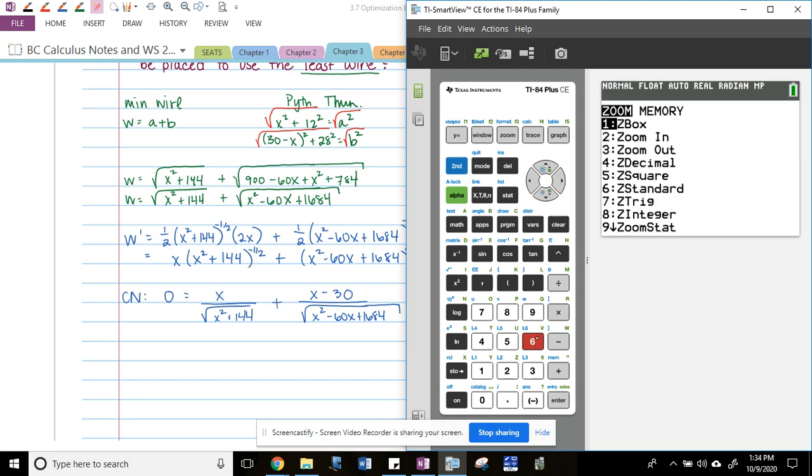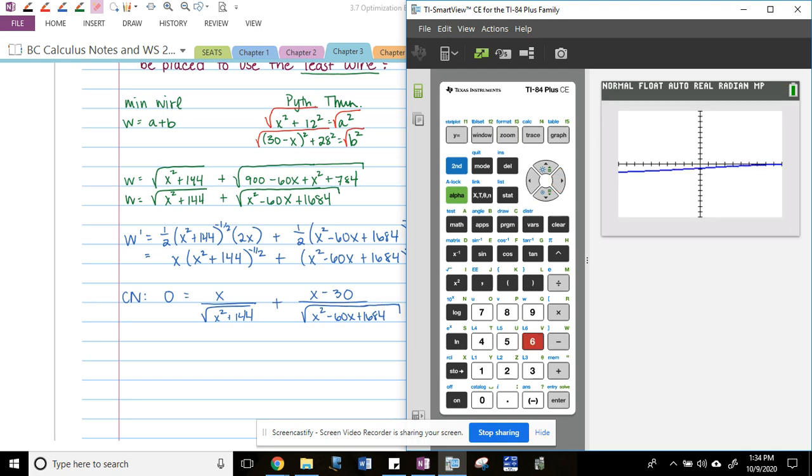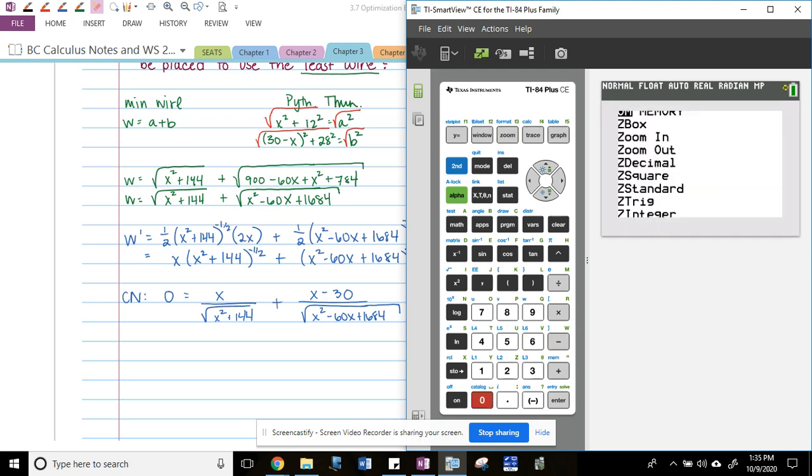I always do Zoom 6 to begin with, even though I know, especially with some high numbers, that's probably not going to fit. I like to Zoom 6 to reset my window, and then I like to Zoom Fit, which is Zoom 0.